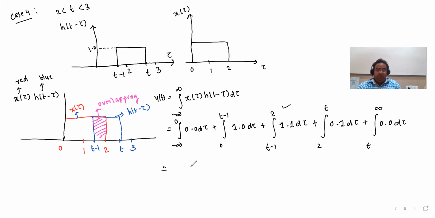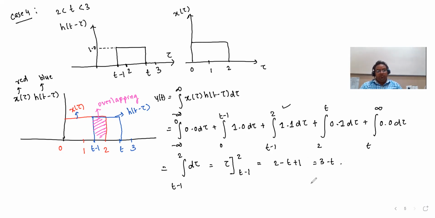So we get the integral of d tau from t minus 1 to 2, which gives tau evaluated from t minus 1 to 2. So we get 2 minus t plus 1, which is 3 minus t.